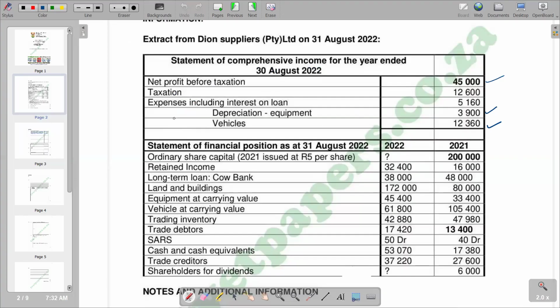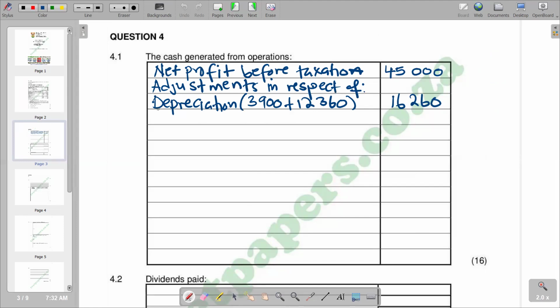So we come here, we see that our interest, we try to include it, interest on loan, 5,160. So we have 5,160, which we are going to regard as our interest on loan. So it says interest expense, 5,160.